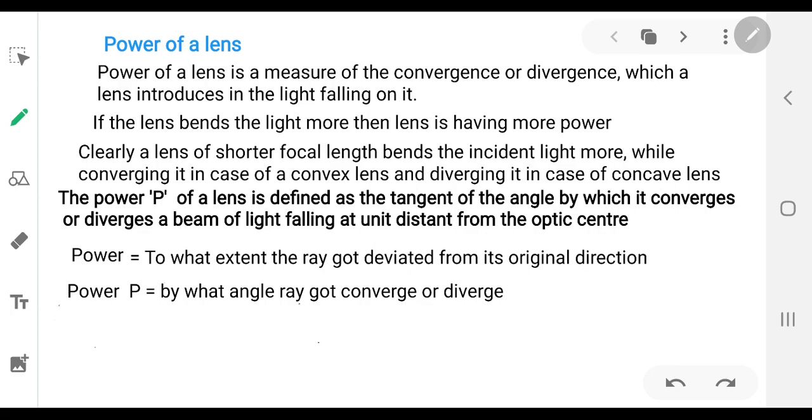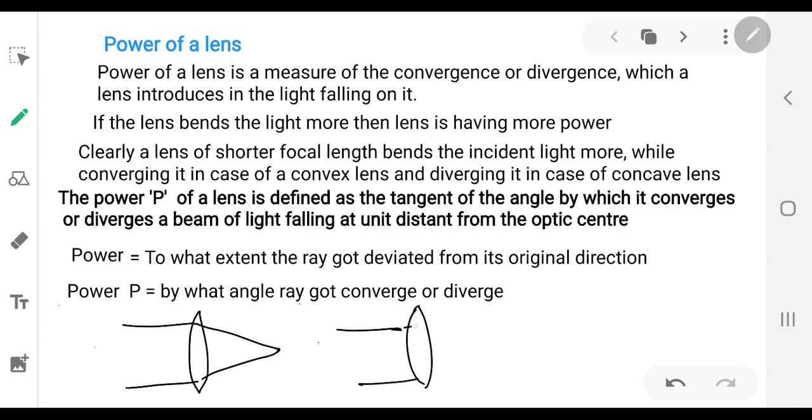To understand that, take an example of two convex lenses. This is applicable to concave lenses also. Let paraxial rays be incident on both the lenses, and they converge at their principal foci.